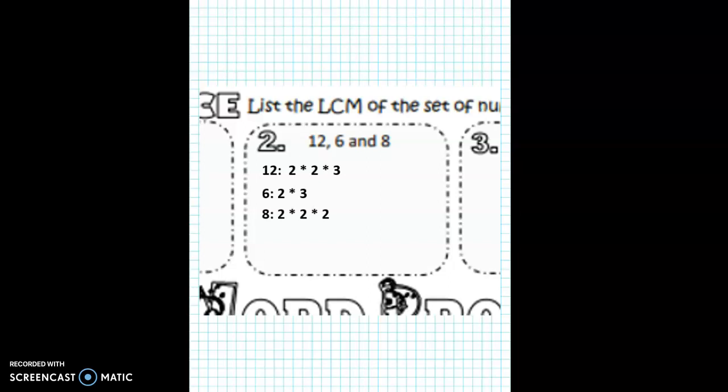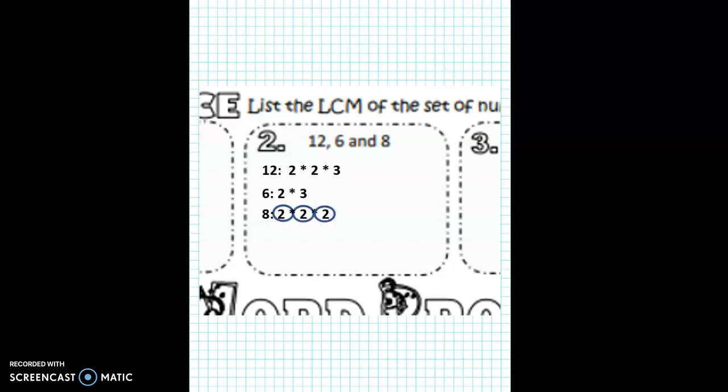Next, we compare, and we're going to look at each string to see where the unique prime number occurs the most often. So if we look at the 12, the number 2 occurs 2 times. For 6, the 2 occurs once, but with 8, there are 3 2s.